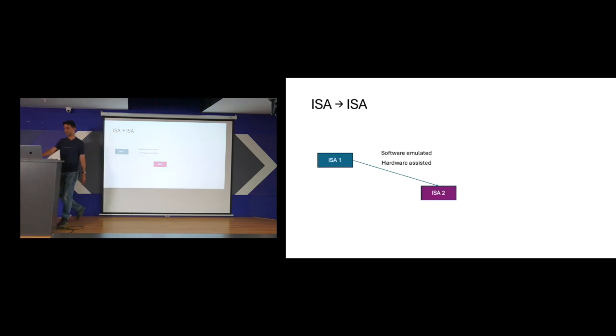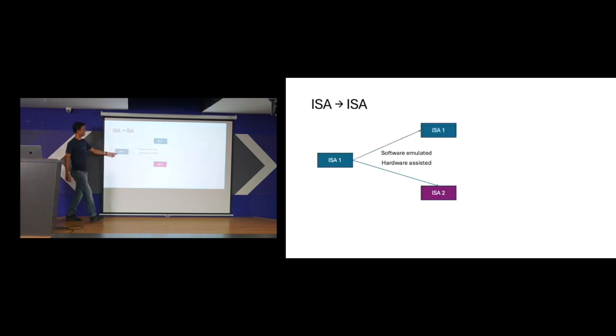It could be software emulated or hardware assisted. Somebody was talking about scenarios where the bytecode could be directly translatable into something that is there in my underlying machine. In those cases, you can think of it as hardware assisted, because you can directly map that instruction into some other instruction of the underlying machine.